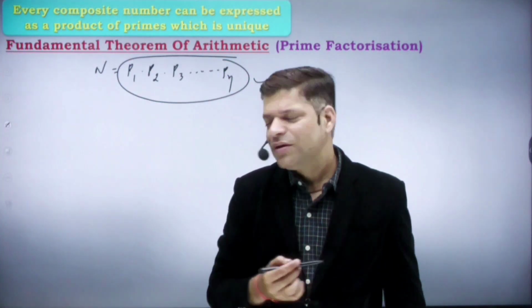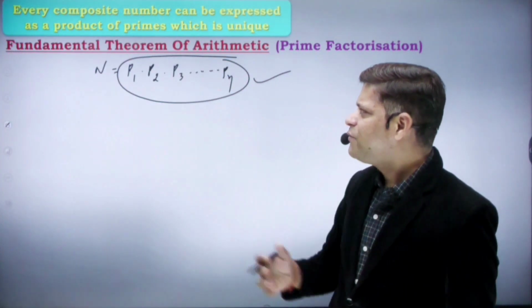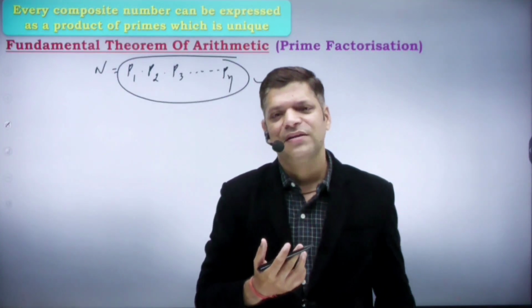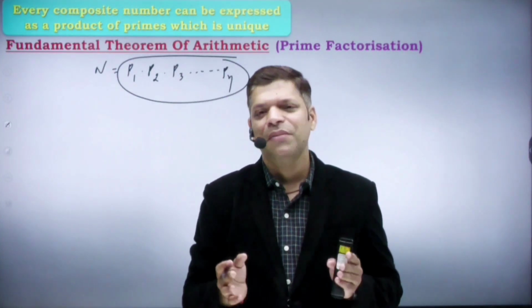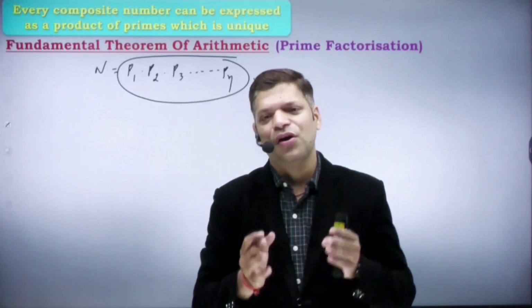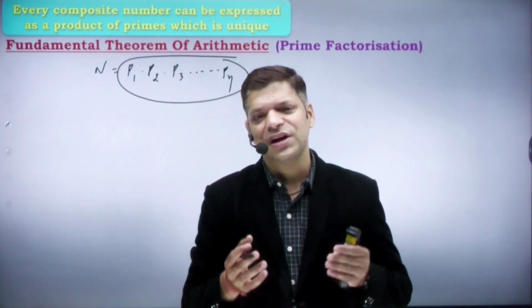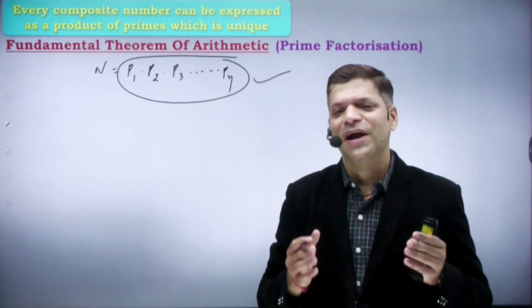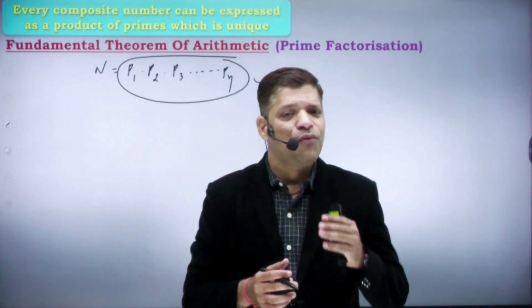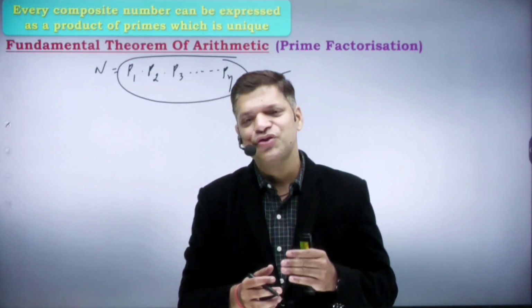Now we have studied the fundamental theorem of arithmetic: a composite number can be written as a product of prime numbers which are unique, and this is called the prime factorization. What is the major application of this?